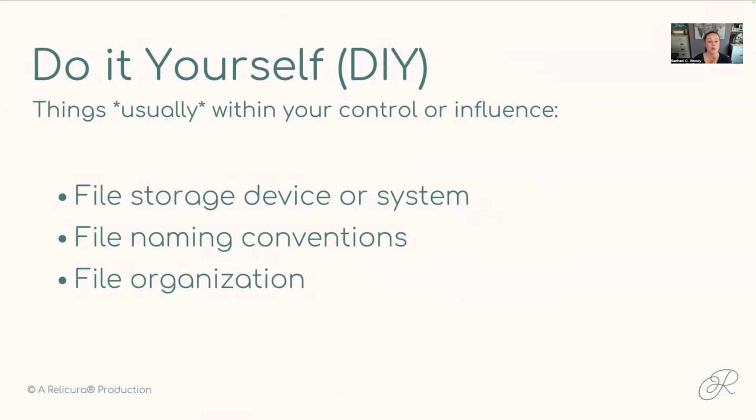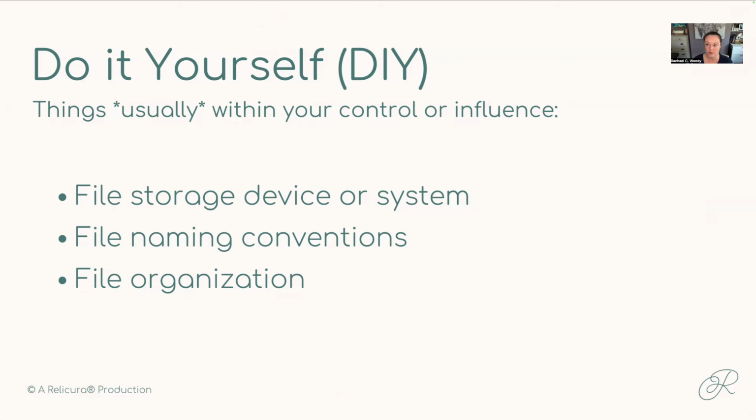The file naming conventions are usually completely under your control and are an easy way to implement and be consistent with that file management piece, as well as file organization. So there are two of the three that you have direct control over that can help with that management piece and ultimately help with the consistency and accuracy of your digital files.